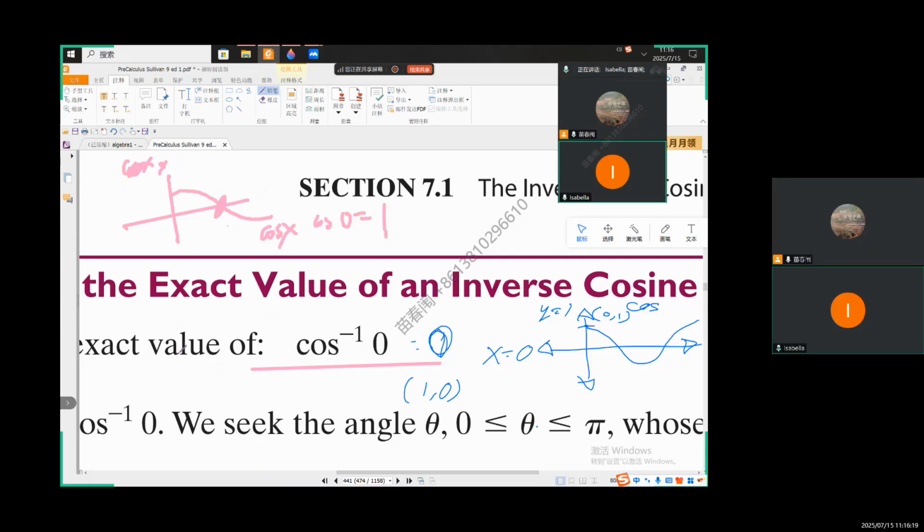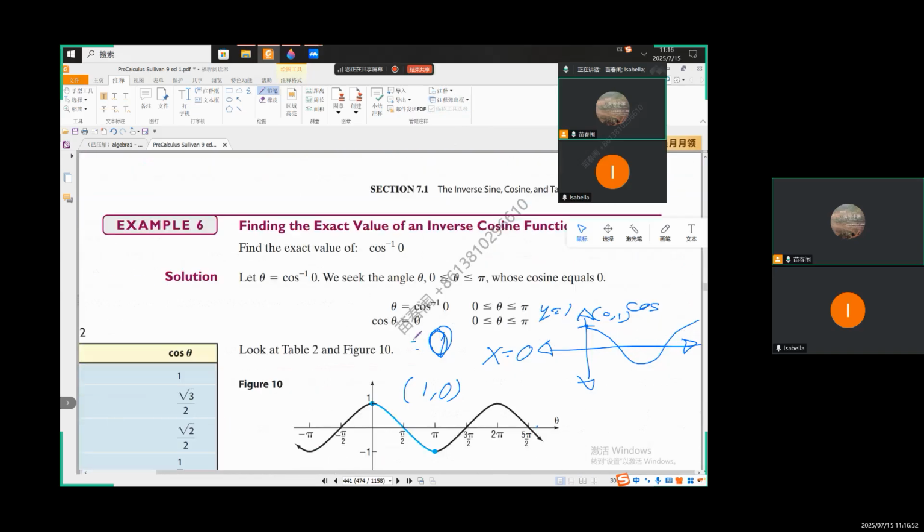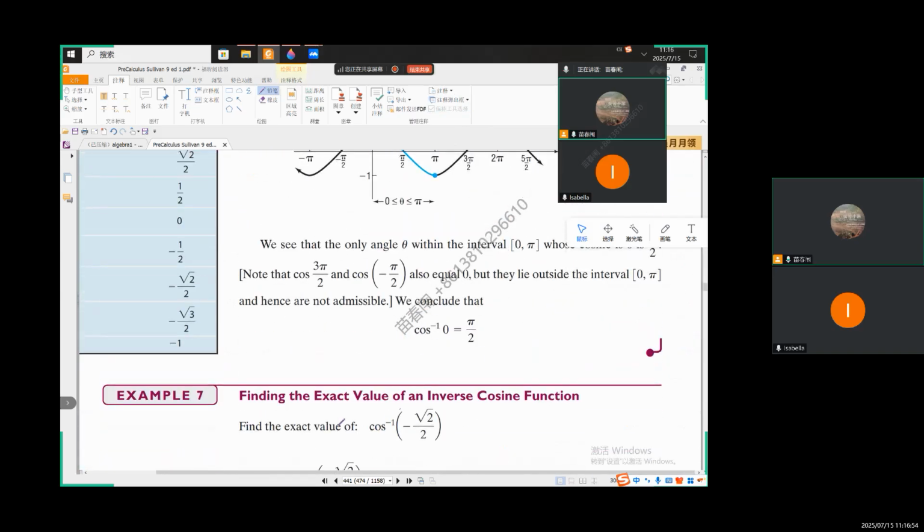Or you remember the other graph, which is probably more difficult. If you remember this one, you can say 0 in here, so it's also pi over 2. Wait, oh, it's this one. That's why it's more difficult. Don't use that one. We're gonna use a calculator eventually anyway. How about this one? Still using the graph that way? No, cosine x. Use cosine x. Oh, okay. Cosine x.